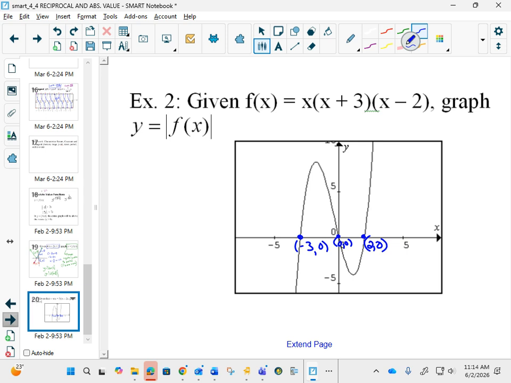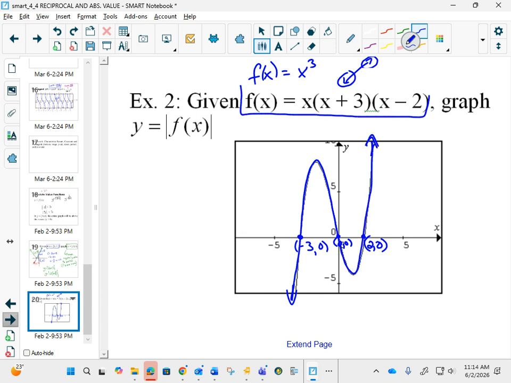Then if you multiplied this out, can you see that you would have a positive x cubed graph? So you know what its end behavior is. You would know that it starts down here and ends up here. Each of your x-intercepts has a multiplicity of 1. So that means your graph goes straight through, straight through, straight through.